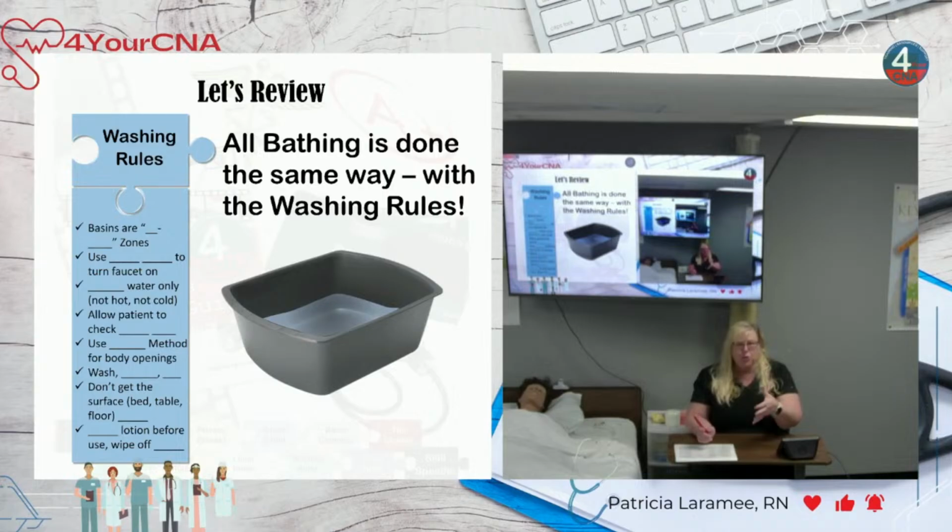But let me tell you why I want you to warm it up in your hands. Because when you put a bottle of lotion in the warm water, remember that water isn't hot, it's just warm. First of all, we don't know how clean that bottle is. So now we're getting stuff in our water that we're going to use on the patient's face.